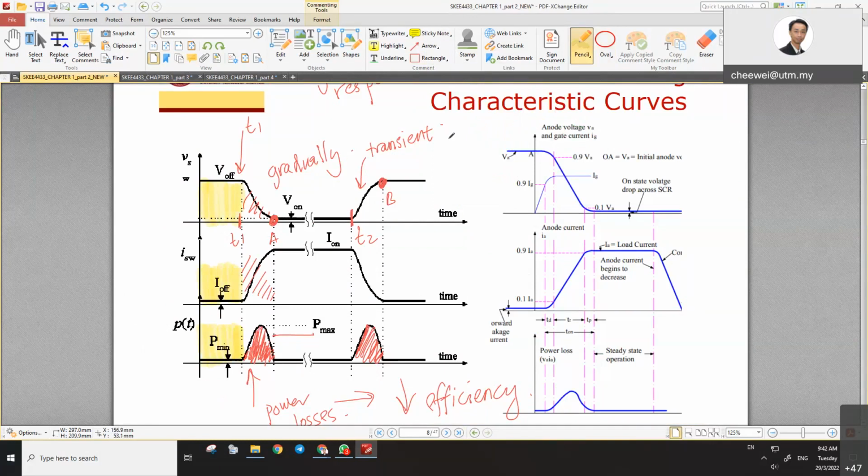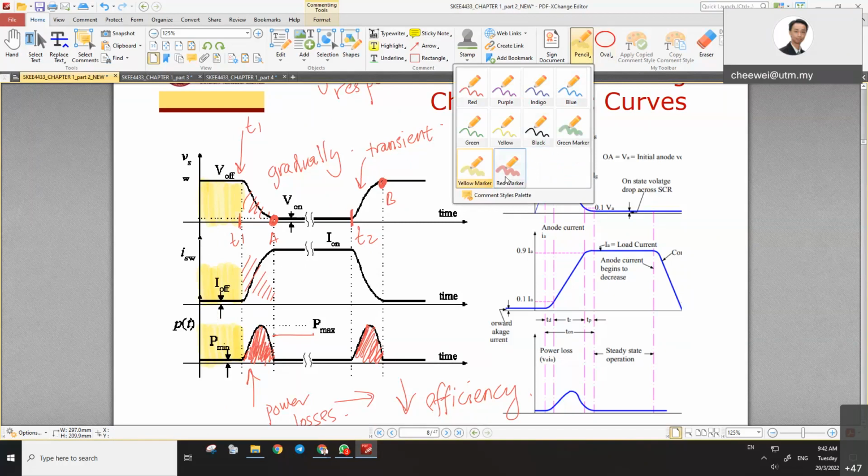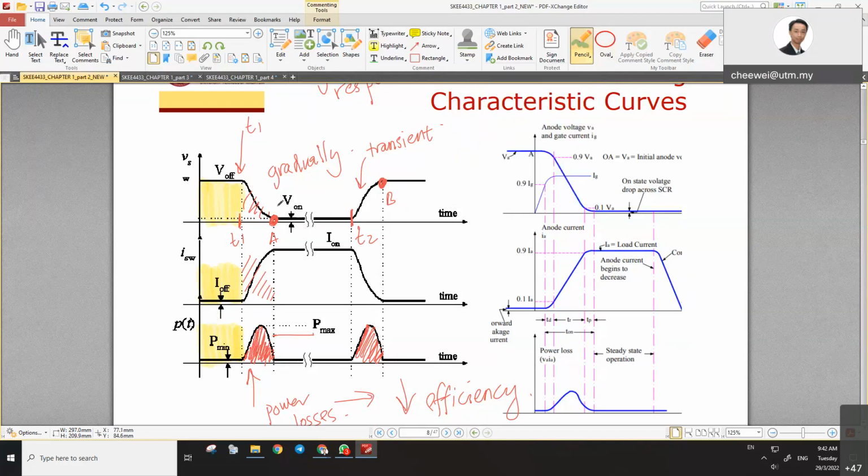Off. How do I know? Because the current is 0. No current flow is open circuit. And open circuit, we have the open circuit voltage. Now, I want to change from the current state into what state? On state. Let's give it a different color, green.